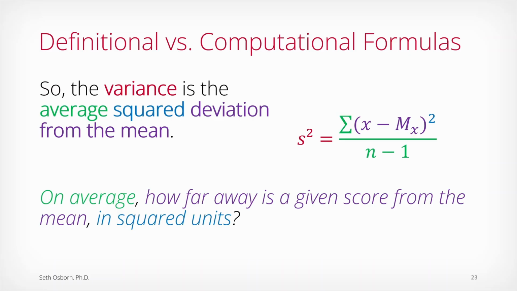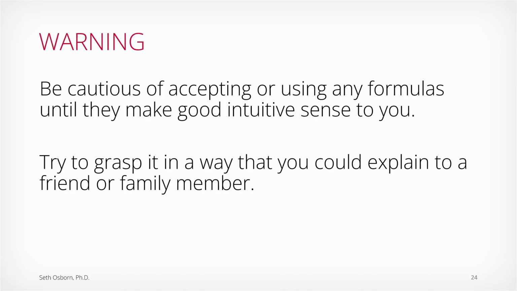But this is the level of understanding you want to get to with any formula. I would say be extremely cautious of accepting or even using any formula until it makes good intuitive sense to you, even visual sense to you. Try to grasp it in a way that you could explain to a layperson who has never taken a stats class before. Okay, so that's it on order of operations.